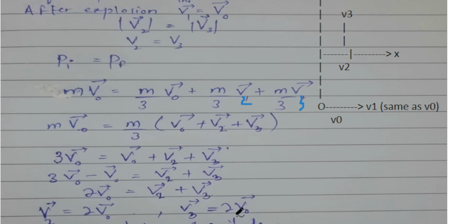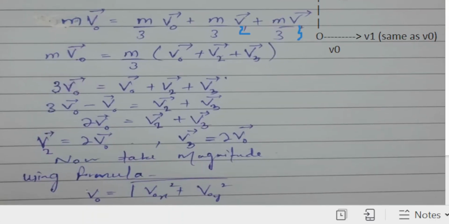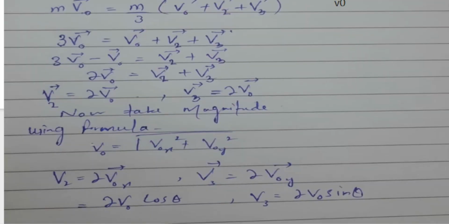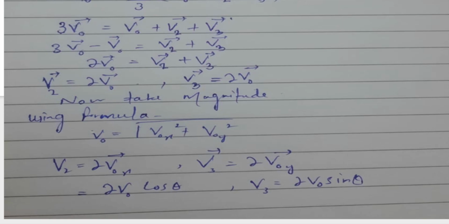Now you have to take the magnitude of these unit vectors. Okay, now take the magnitude, you will get these. This is the formula to calculate the magnitude.